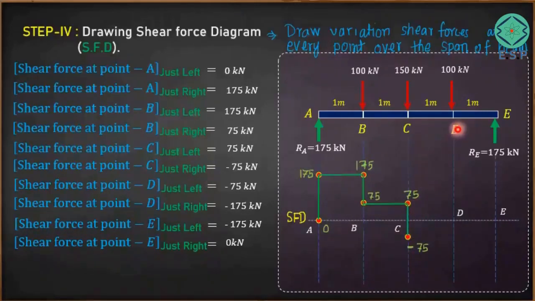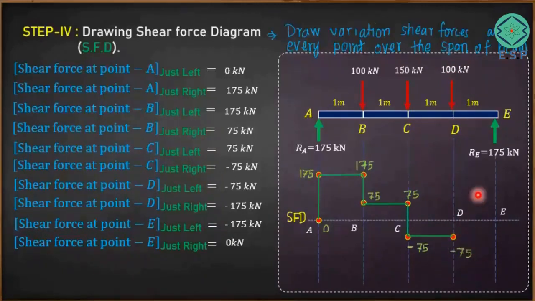Now we'll go to point D. Just left of point D is going to be the same value. From point C to this point, the shear force variation is going to be a flat horizontal line. There are no changes in the shear force values. If you go from the left-hand side of point D to the right-hand side of point D, there is a further reduction of the value of shear force. It becomes minus 175 because there is an additional 100 kilonewton negative adding up.